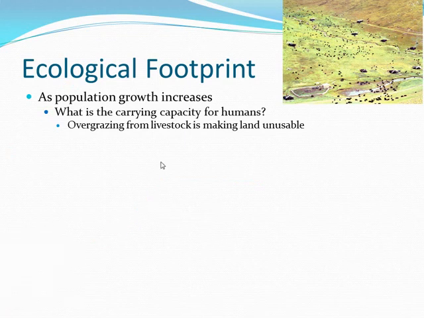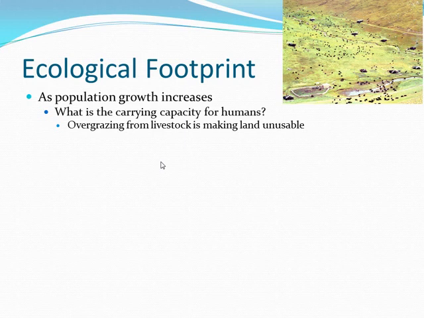we do rely a lot on agriculture, and notice how in agriculture we have a lot of livestock. If we don't maintain them sustainably, they tend to overgraze, as shown over here in the upper right-hand corner. If they overgraze, then that land is going to be useless for many years.